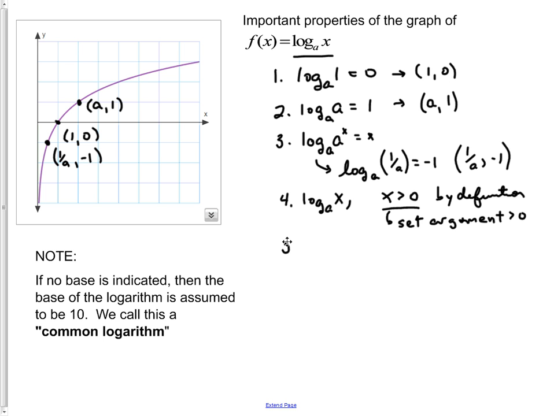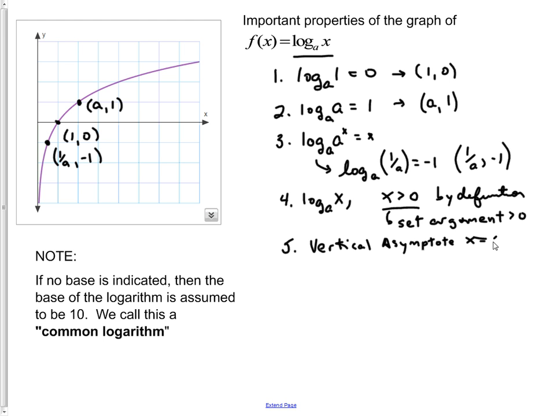Fifth thing, for all logarithms, there is a vertical asymptote. The vertical asymptote is always given at x equals 0.